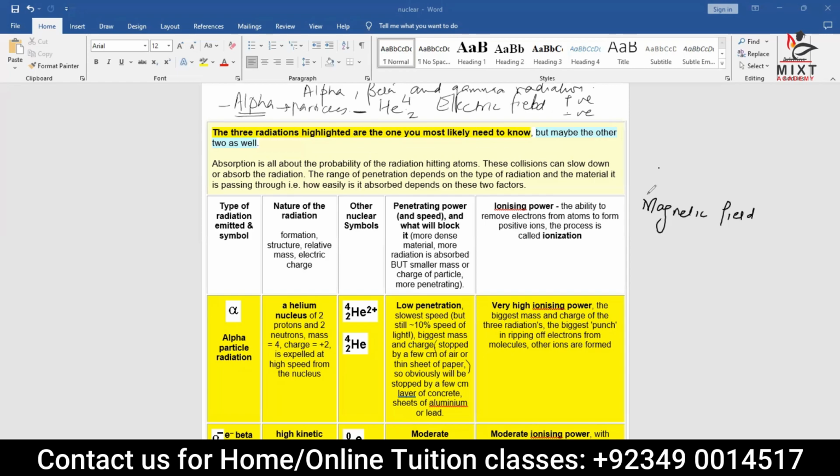Can you tell me the reason why they both deflect in two opposite directions? Because one has a positive charge and the other has a negative charge. So even in a magnetic field they show their deflection, but for example, if the alpha particle goes this way, the beta particle goes this way. If one goes anti-clockwise, the other goes clockwise.